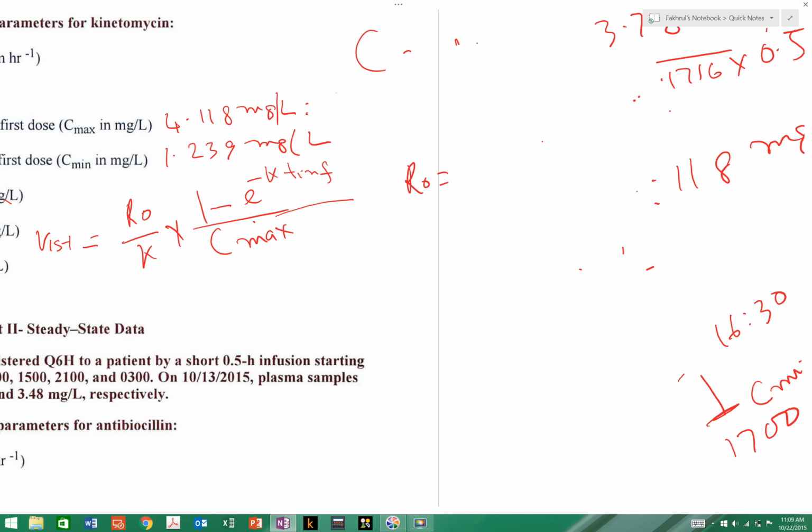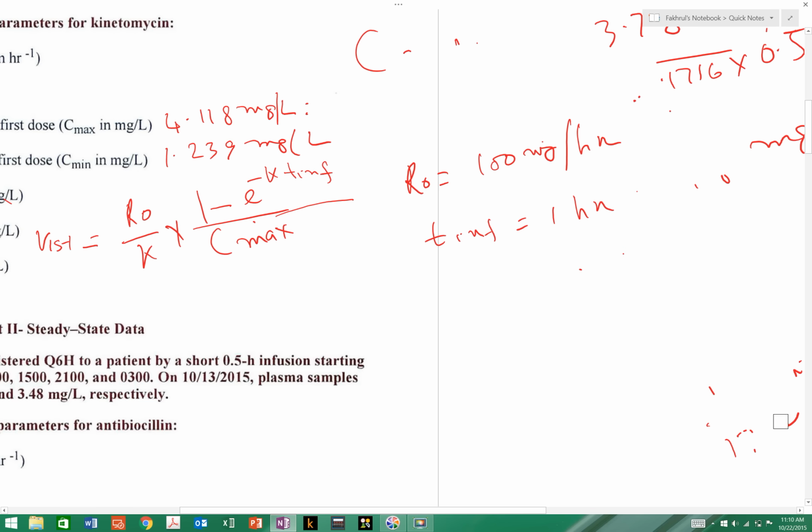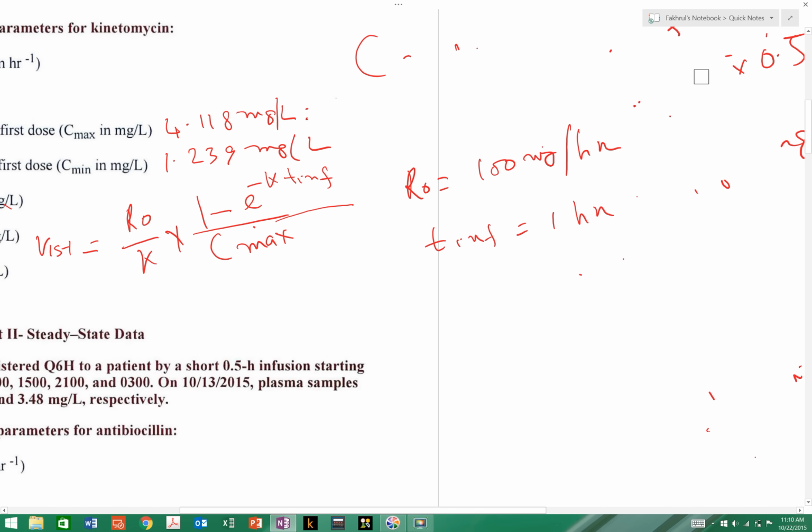So you just have to be careful when you are calculating dosing rate. Your dosing rate is 100 milligram per hour, and then you have to calculate infusion. T infusion, you know that it was infused for an hour. T infusion is equal to 1 hour. And then what is the Cmax?